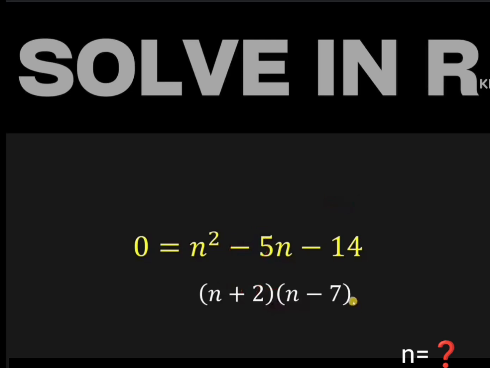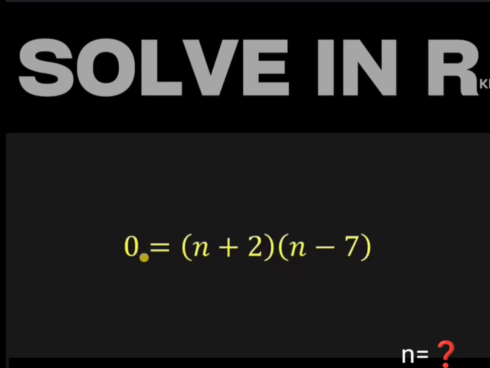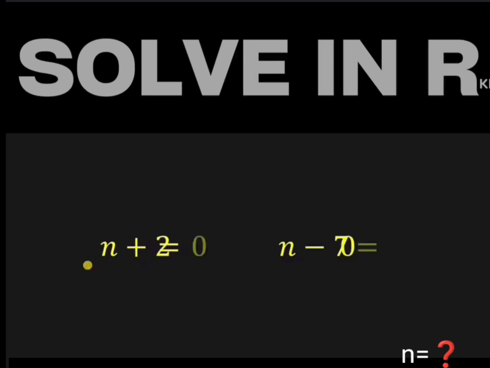Since it is equal to 0, at least one of them must be equal to 0. So we have n plus 2 equals 0, or n minus 7 equals 0. Using the first equation, if we subtract 2 on both sides, we get n equals negative 2. On the second equation, if we add 7 on both sides, we get n equals 7.